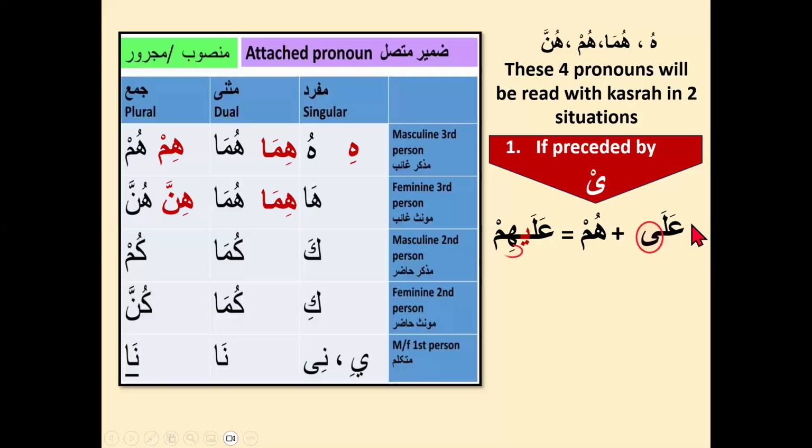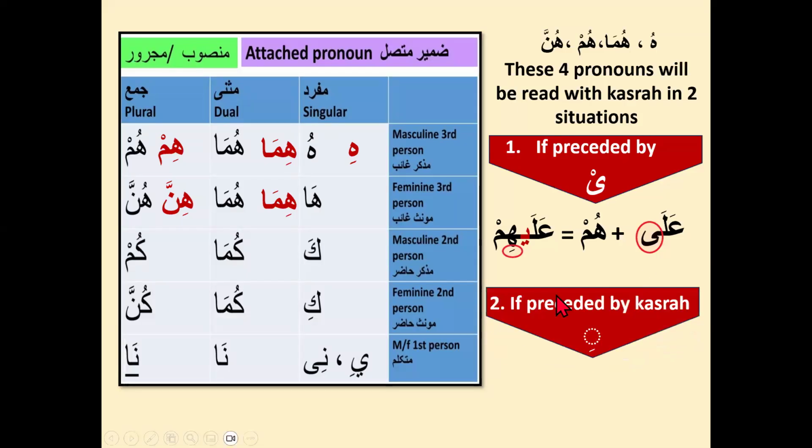Okay, now let's move towards the second reason: if these four pronouns, the red ones, are preceded by a kasra, if the word before it has a kasra, then these pronouns will be read with kasra. Just for example, this is the ba harfu jar. It's a preposition, and it has a kasra. So because of this kasra, this hum will convert into him.